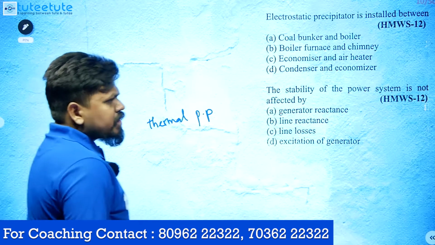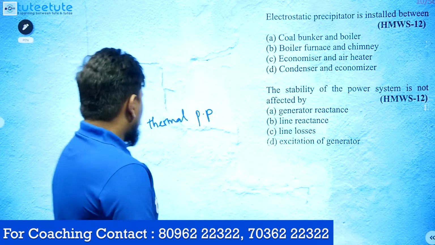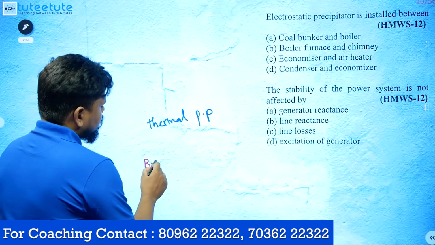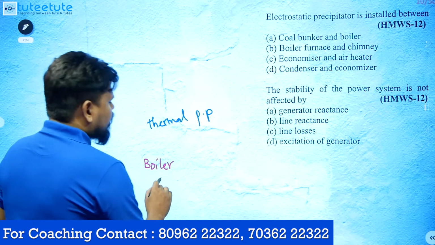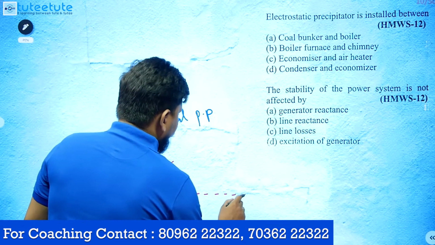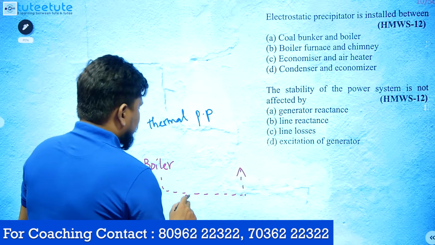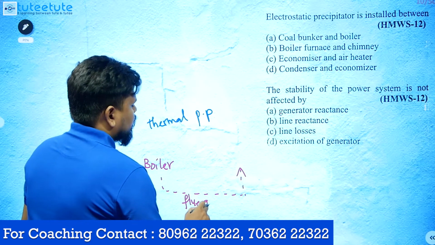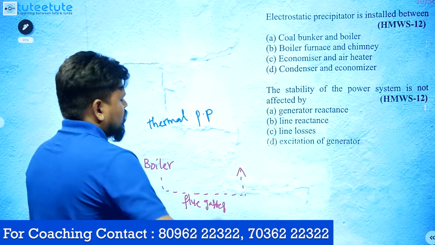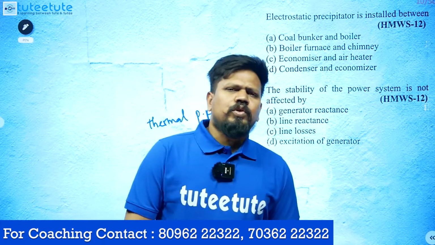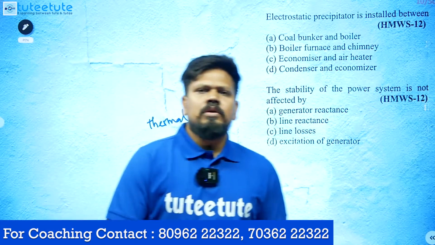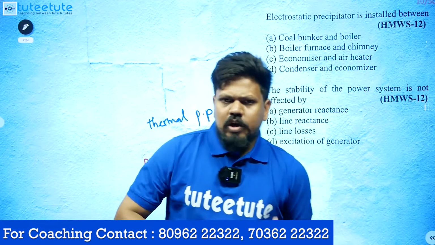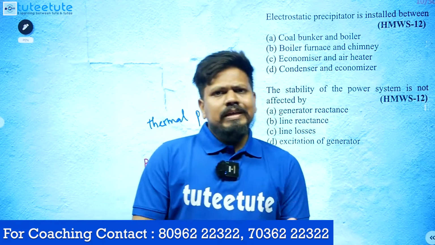Why is this electrostatic precipitator required? From the boiler, flue gases are coming. What are these flue gases, and how do they come from the boiler? In the boiler, the coal is burnt.